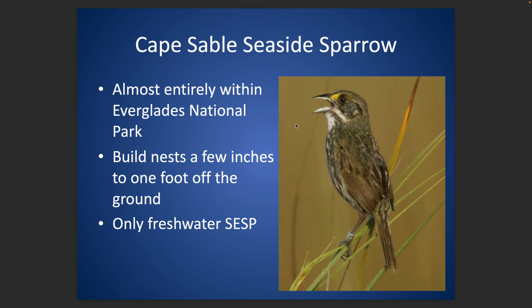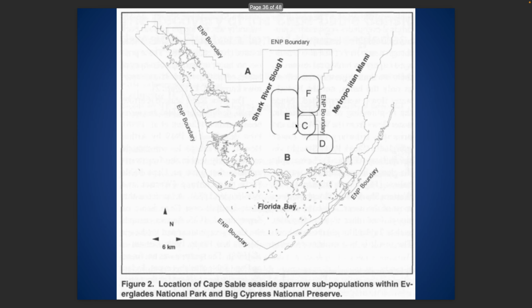These guys live almost entirely within Everglades National Park, and they nest only a few inches up to a foot off the ground, and are the only freshwater seaside sparrow. But because of the distribution of the water, we get some water in channels and some water not in channels.